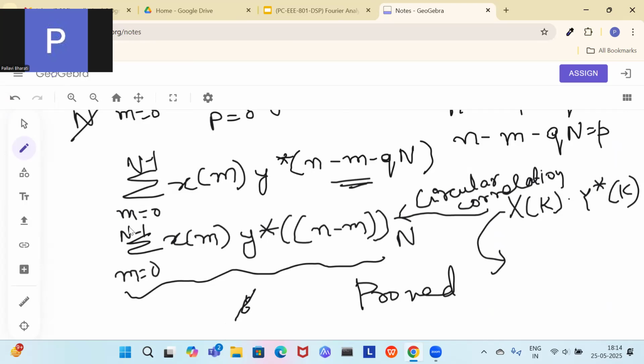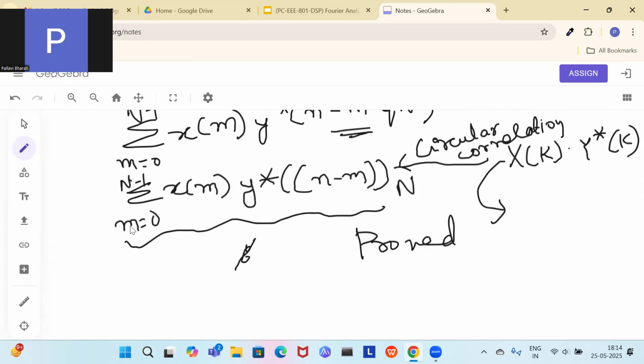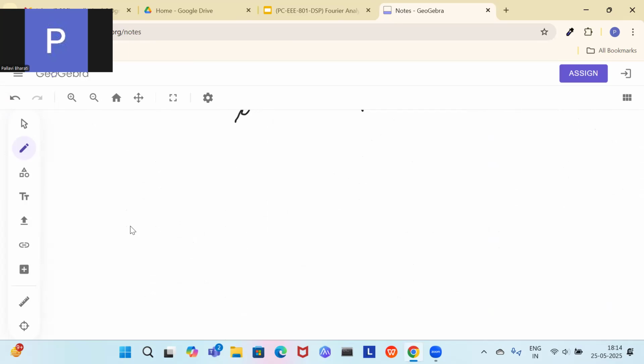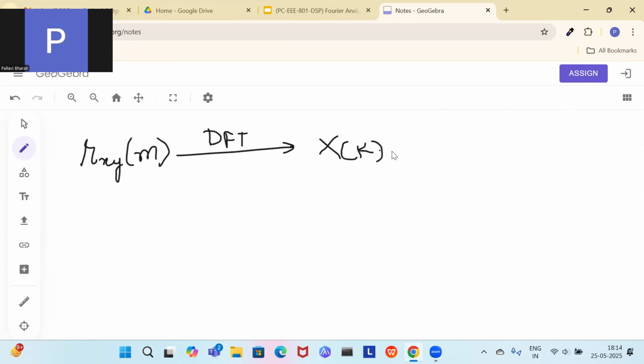So now the last thing that we have to do is Parseval's theorem. I just rewrite this thing. So what does it mean to say that circular correlation, which is denoted by this part, if you take the DFT of this, we are going to get X of k into Y star of k.